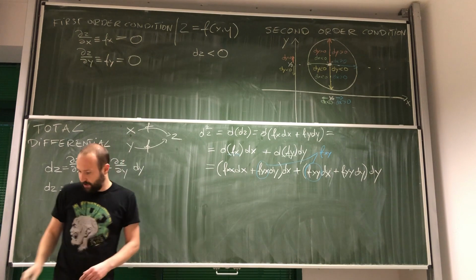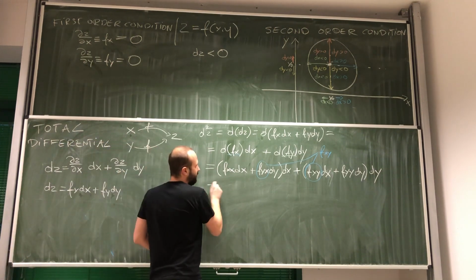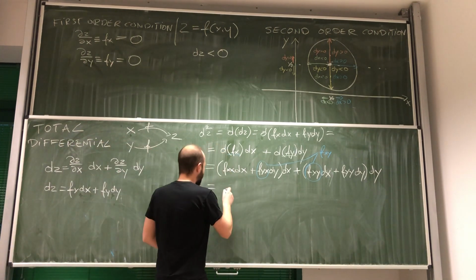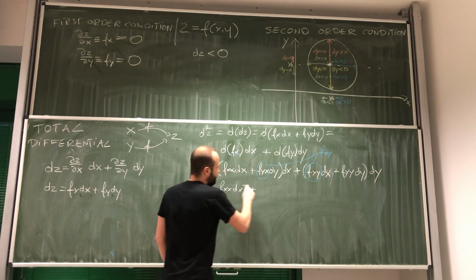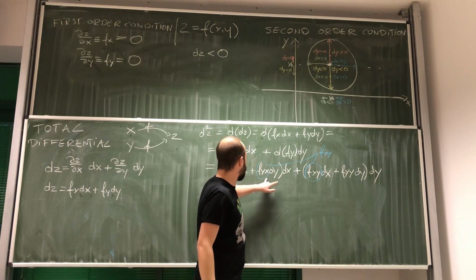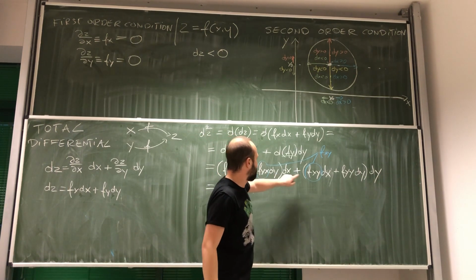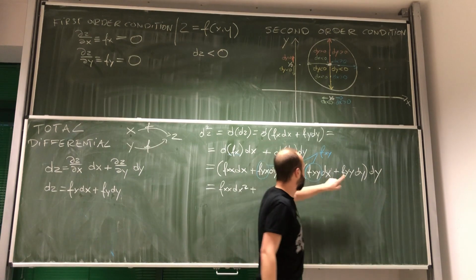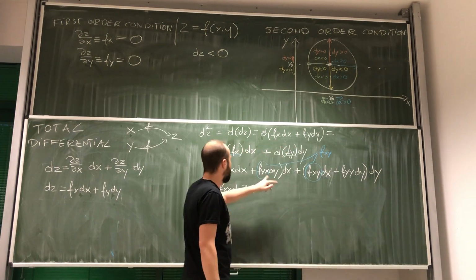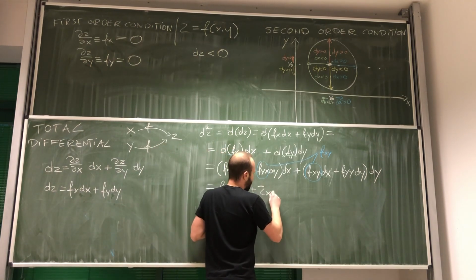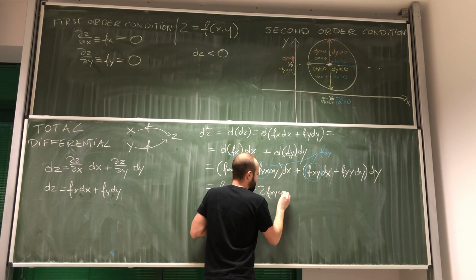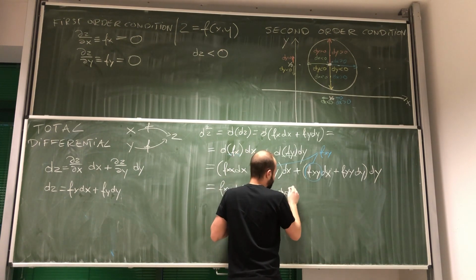Now let's multiply this whole thing out, and we get fxx dx squared plus, out of this, dy dx, and here also dx dy, which are the same. So we have here plus 2fxy dx dy. Okay, so it's nicer.